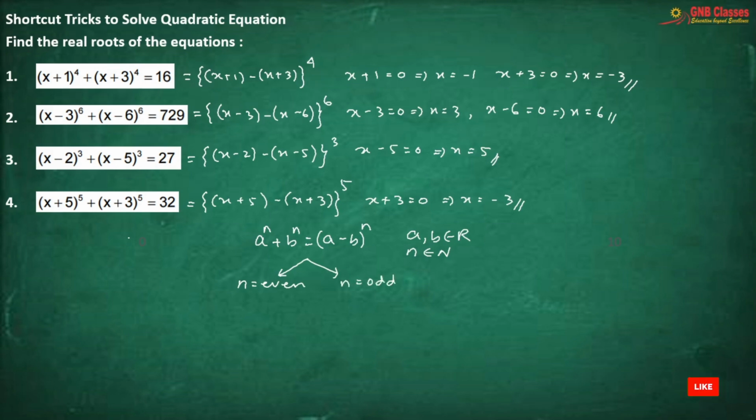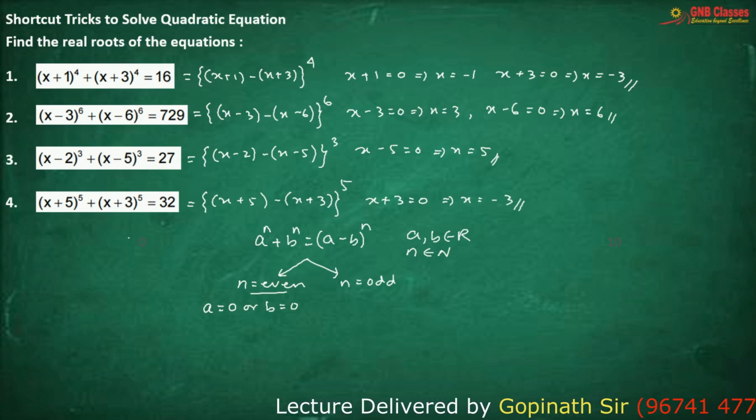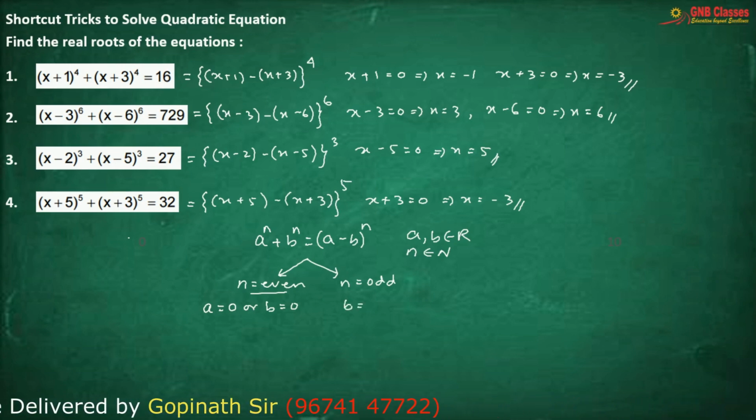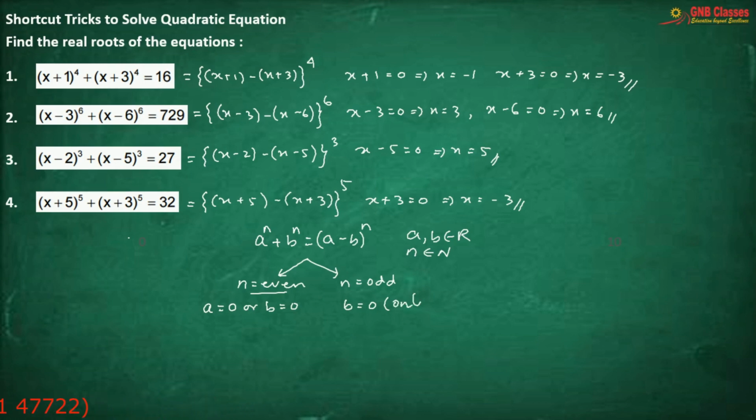If n is even, your answer will be straight away either a equals 0 or b equals 0. And if n is odd, your answer will be b equals 0 only. Have you understood this? Only by remembering this trick, you can solve this kind of problem very easily, right?